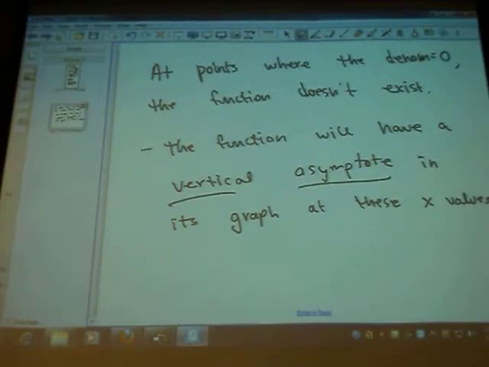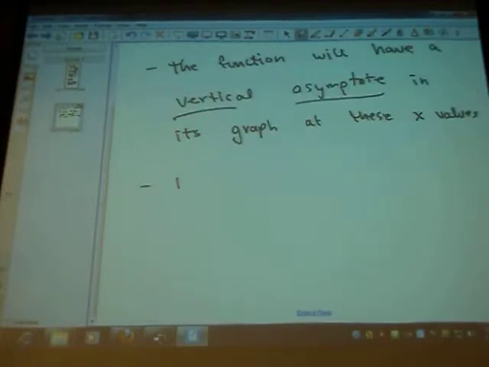Okay? Now there's one exception to that rule, and that's when your x value makes the numerator 0 as well.